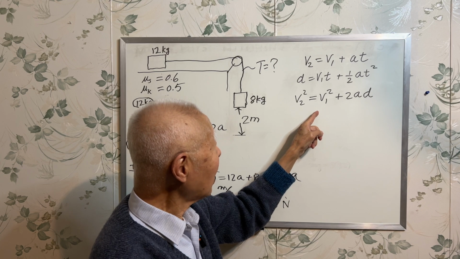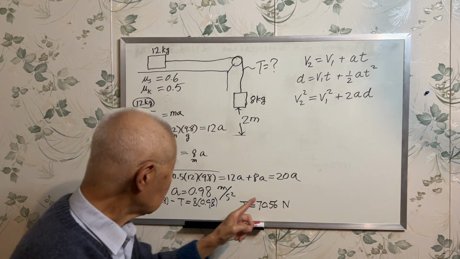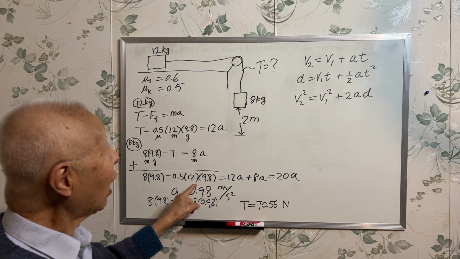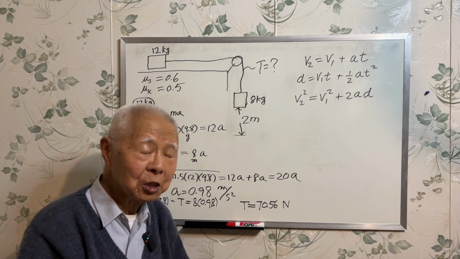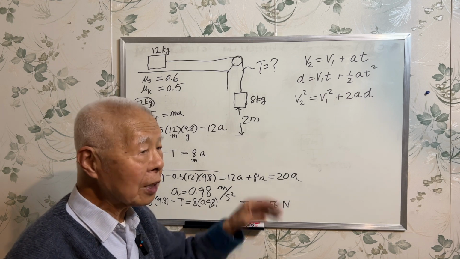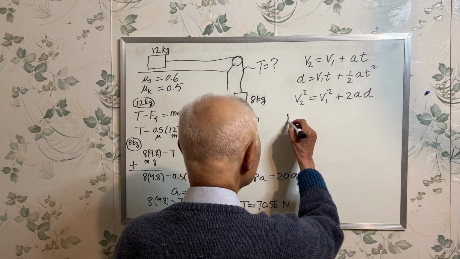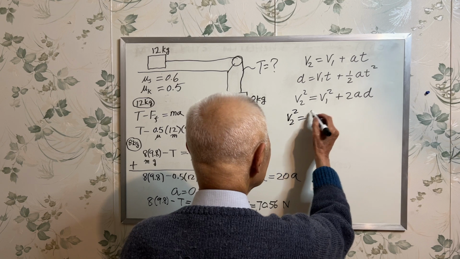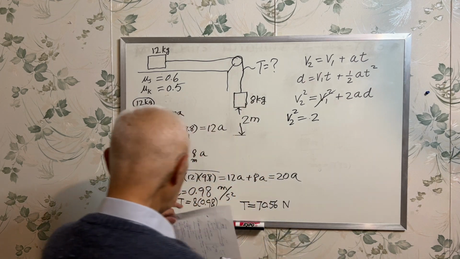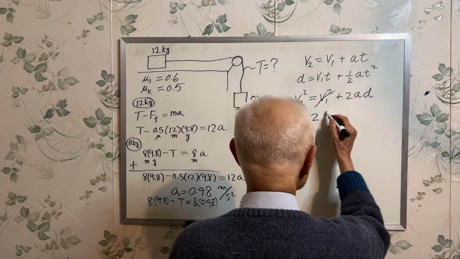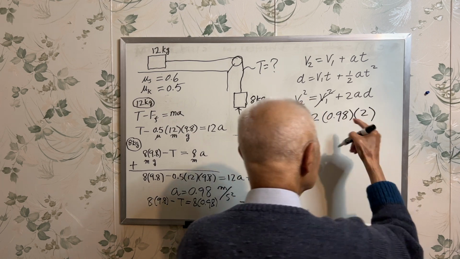I know d is 2. a is here. So use this. Clear? Use 3 kinematics equations and find out what you do not want and what you want. So let's do that. This is 0, so you don't want it. So it's 2. a is 0.98. d is 2.